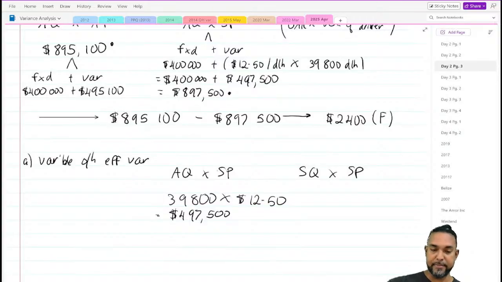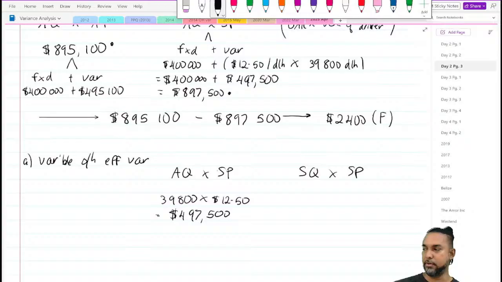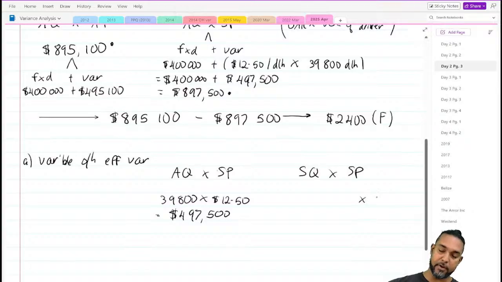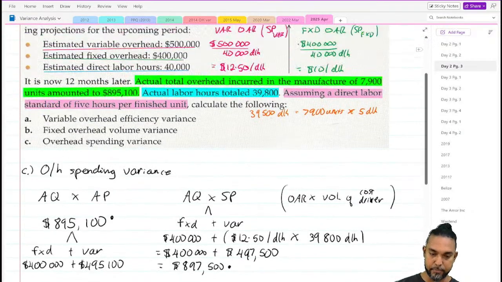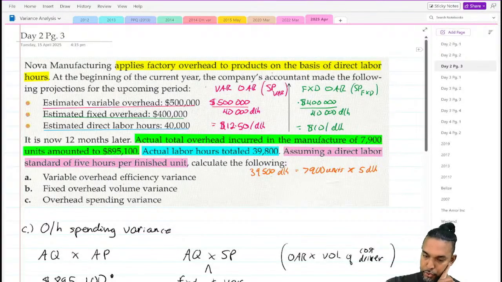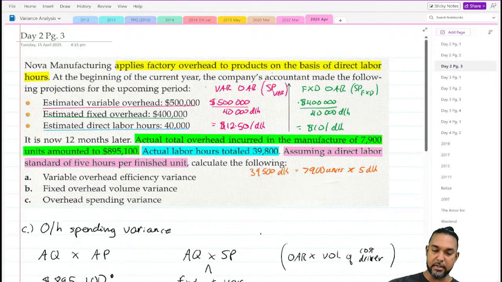What about standard quantity by standard price? Standard quantity of what? Of labor hours. And the standard price is 1250, right? But what is the standard quantity of labor hours? Well, again, go back to the question. We produced 7,900 units, and the standard labor hours per unit is 5.